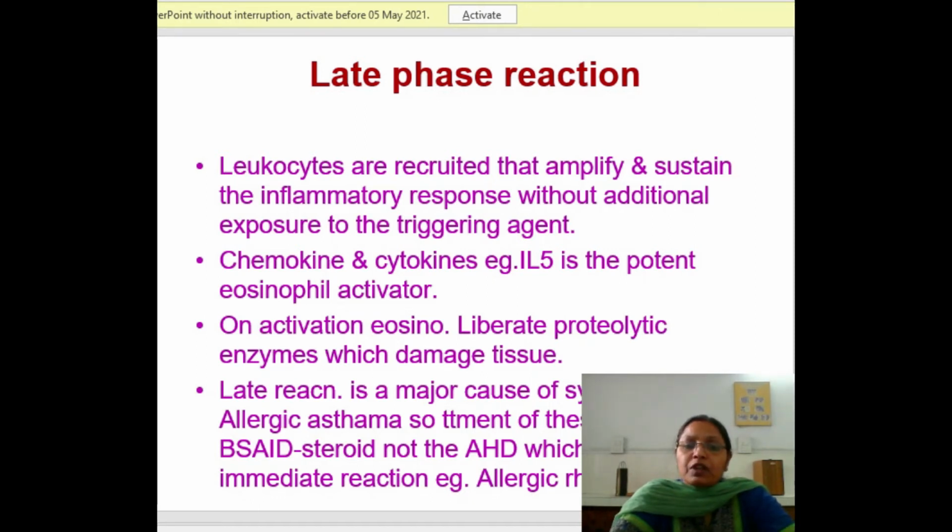In the late reaction, like in allergic asthma, the treatment is broad spectrum anti-inflammatory drugs like steroids, which are more effective, and not the antihistaminic drugs, which are useful in the immediate type of reaction in allergic rhinitis. So in the immediate type, we give only antihistaminic drugs. In the late type, we give broad spectrum anti-inflammatory drugs like steroids. They are more effective.